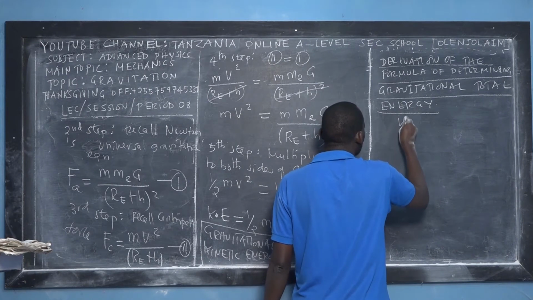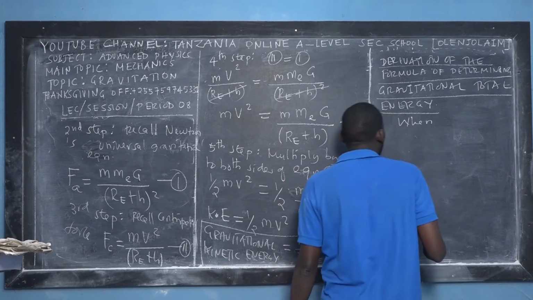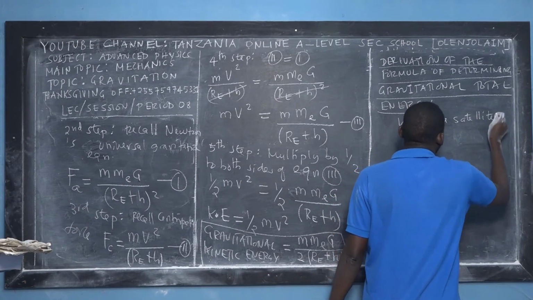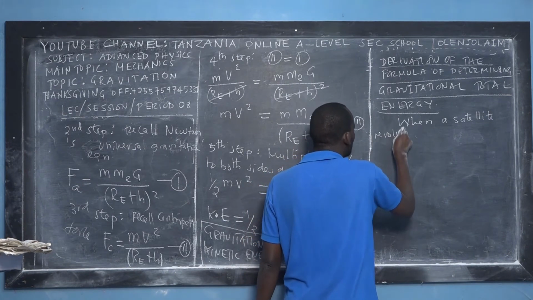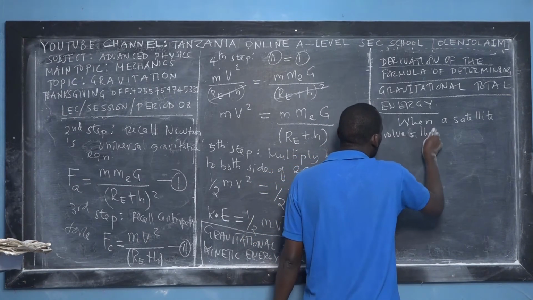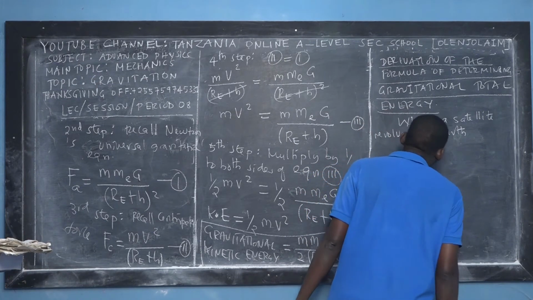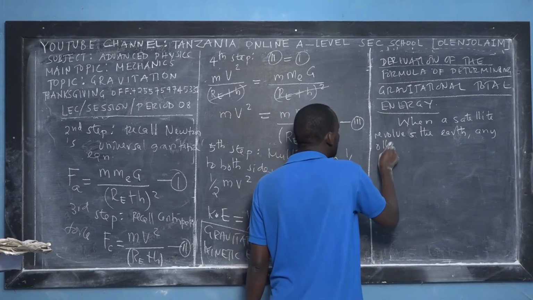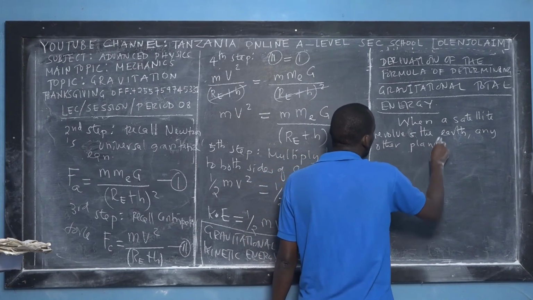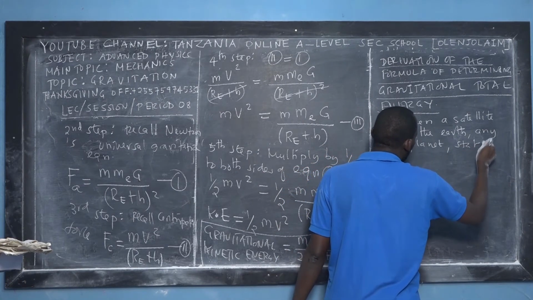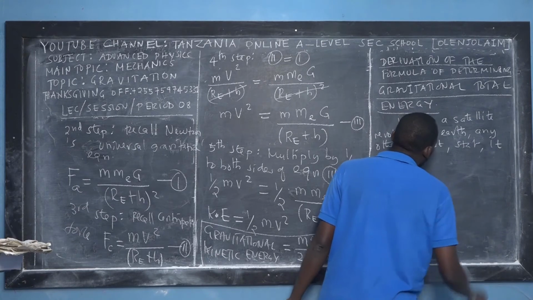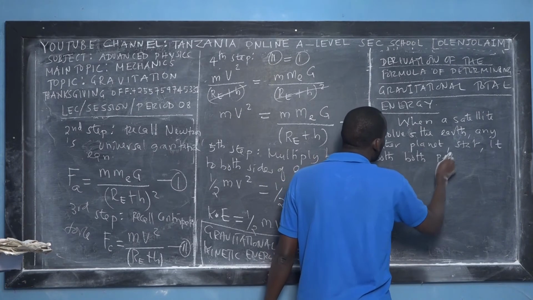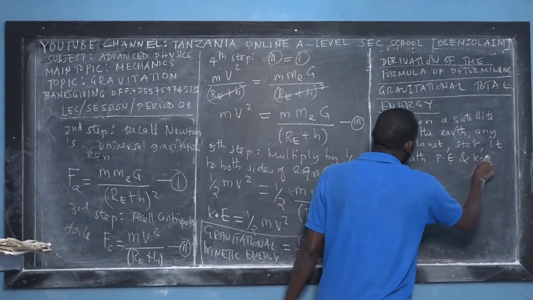Let me repeat this sentence, a very powerful sentence: when a satellite revolves around the Earth or any other planet, or any other star, it possesses both gravitational potential energy and kinetic energy.